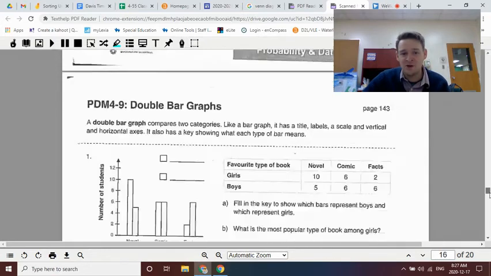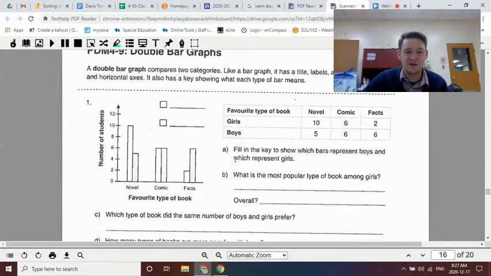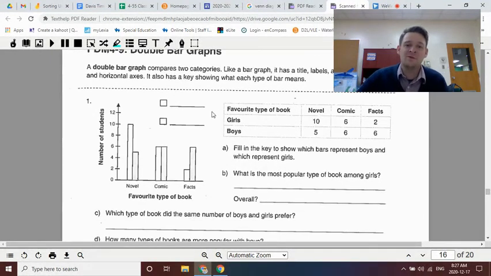All right, the last page of your work here is working on double bar graphs, and double bar graphs are interesting. If you haven't worked with them before, I just want you to try this page. It can compare 2 categories, and like a bar graph, it'll have all those same things, but you're going to break your categories down into something else. So here we have number of students, we have favorite type of book, and we have a chart for this.